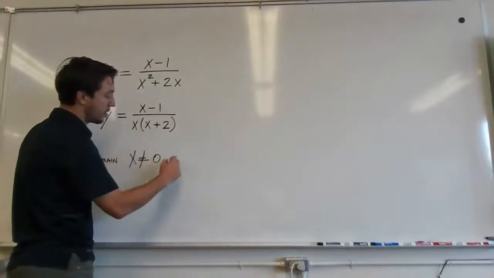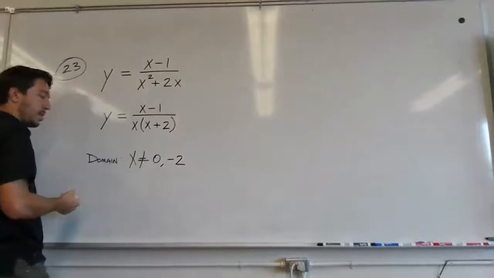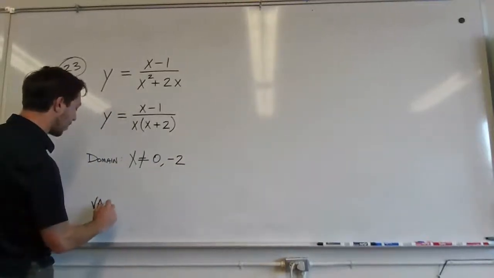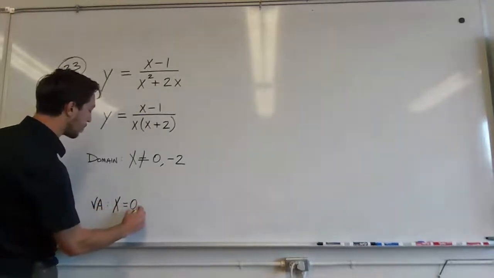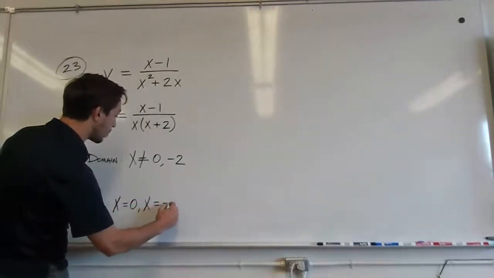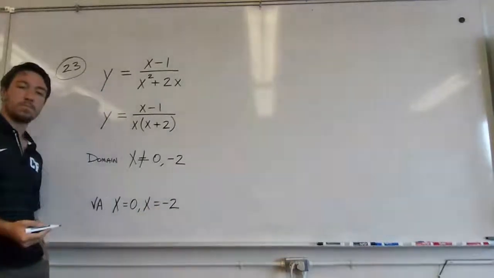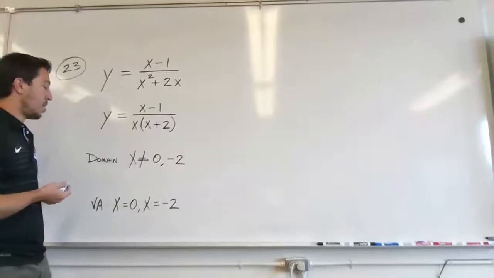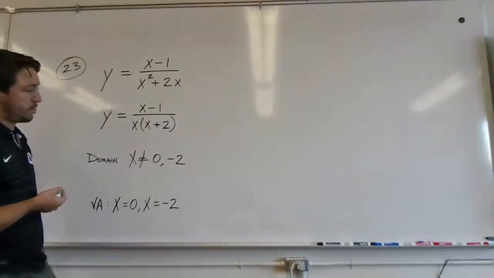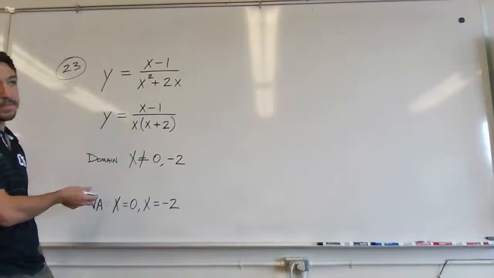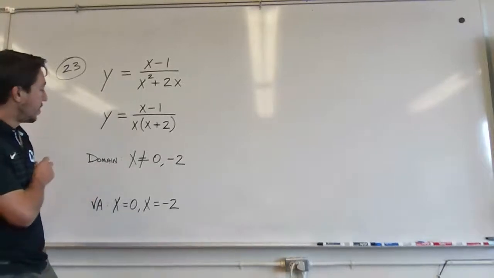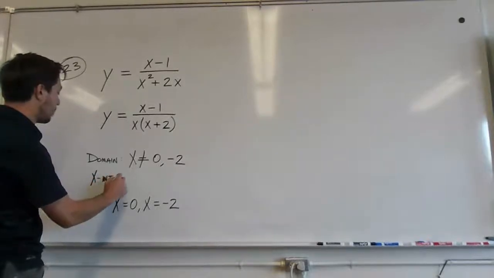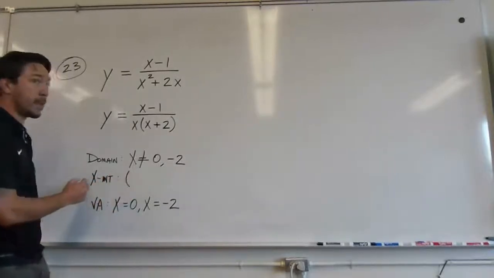It can't be -2. And what exactly is going to happen to those two x values? Well, we're going to have vertical asymptotes. We're all cool with that, right? Sweet. Sure there's no questions? Let's get the x-intercepts, or singular x-intercept.